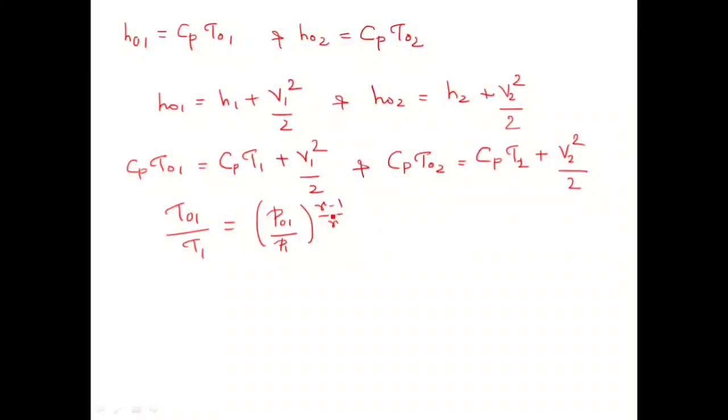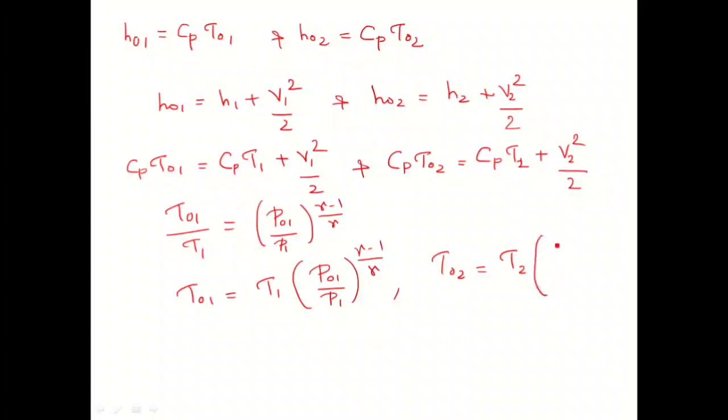Therefore T01 is equal to T1 into P01 by P1 all raised to gamma minus 1 by gamma, and similarly T02 is equal to T2 into P02 by P2 all raised to gamma minus 1 by gamma.